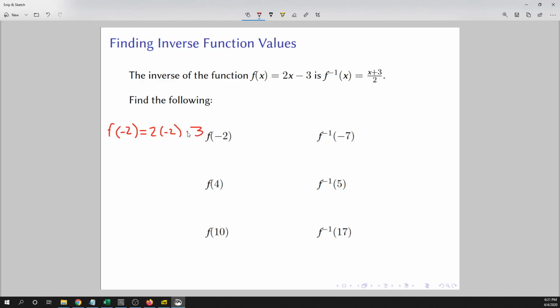So 2 times negative 2 is negative 4, minus 3, negative 7. So when I plug a negative 2 into f, I get a negative 7. Now I'm going to turn around and take that negative 7 and plug it into the inverse. I'm going to do that up here.